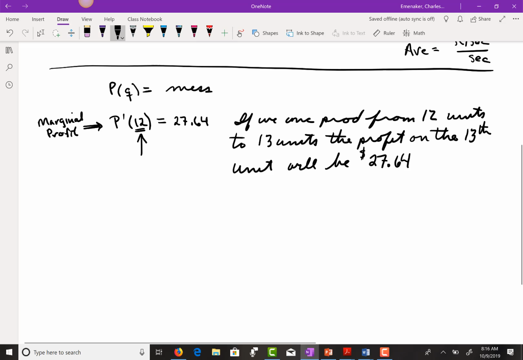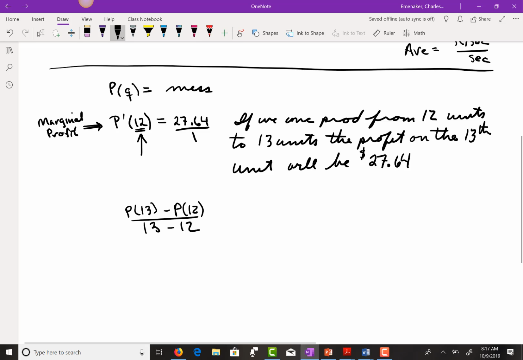And remember, this is a slope. See that 27.64? That's a fraction. It's over 1. And the way we would get that would be the profit at 13 over 13 minus the profit at 12 over 12. So you see the denominator really is there.